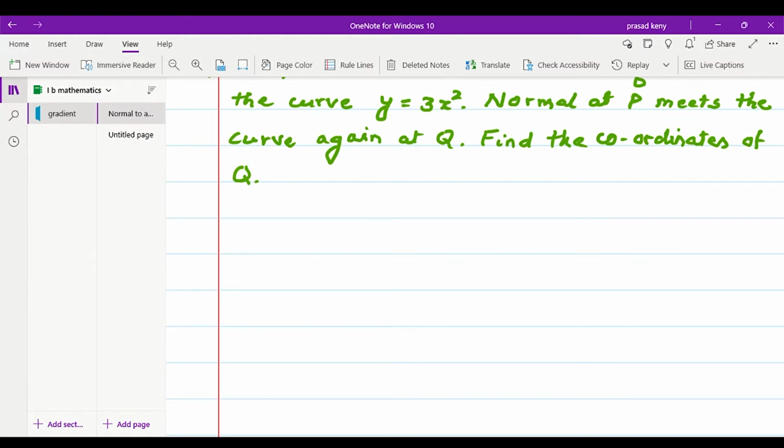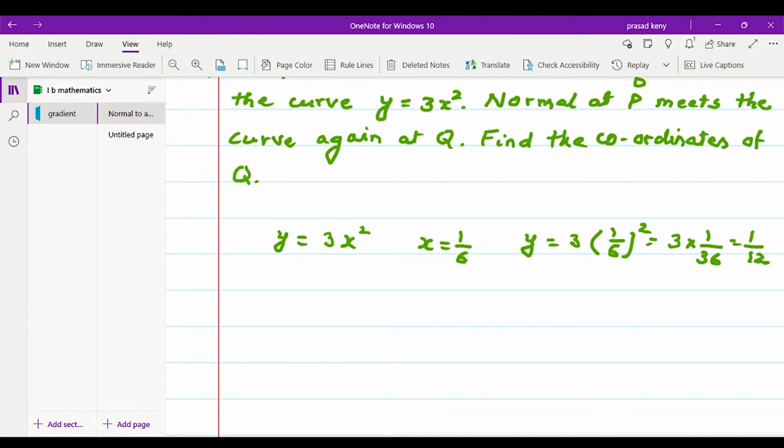Since the point P lies on the curve with equation y is equal to 3x square, if I substitute x as 1 upon 6, I will get the y coordinate of point P. So y is equal to 3 into (1 upon 6) the whole square, that is 3 into 1 upon 36, which is 1 upon 12.